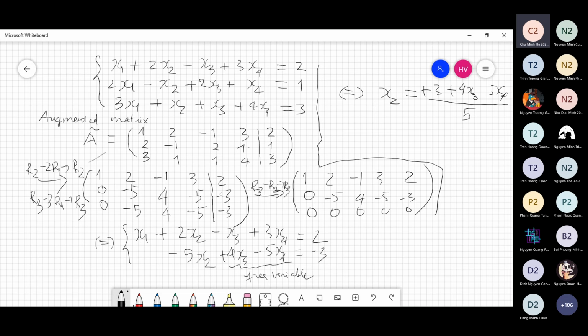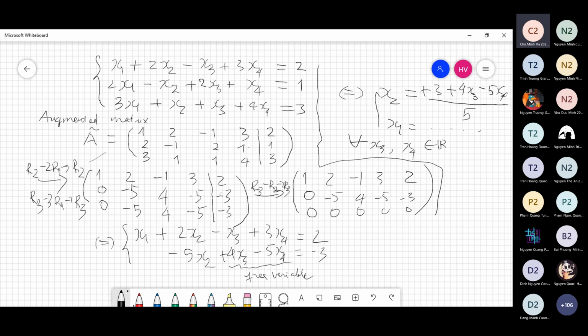Right? So you turn to 1 and divide by 5. Good. And then substituting to obtain x1, I leave it to you. And we finish, for all x3, x4 in R, if we consider the set of real numbers.